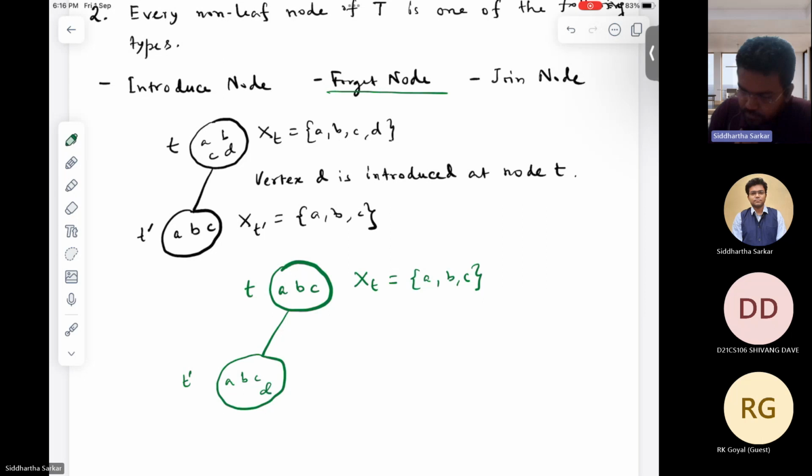That means in the node T, exactly one vertex D is not present. So this vertex D is forgotten in this node T, and that is why we will say that this node is a forget node. Let me write it.